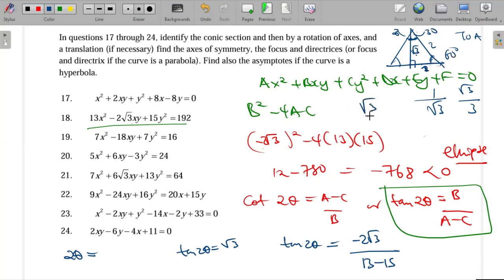So tan 60 is root 3 over 1. So here you just get the tan inverse of that, which is 60 degrees. Then divide by 2 there, and our angle is 30. So in short, we are dealing with an angle of 30 degrees.